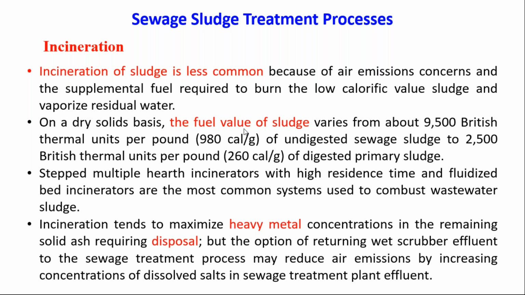The fuel value of sludge depends on whether it is dry or a wet solid, and what characteristics are present in those solids. So sometimes it is 980 calories per gram, that is the thermal unit value for this sludge, and sometimes it is 260 calories per gram.